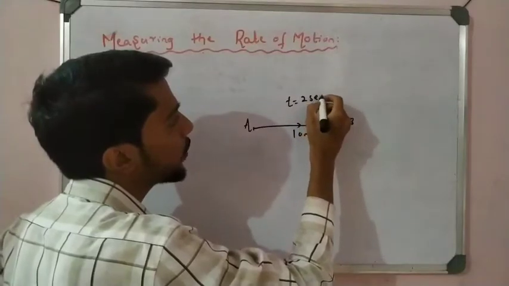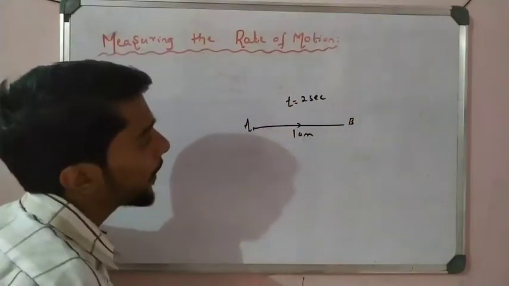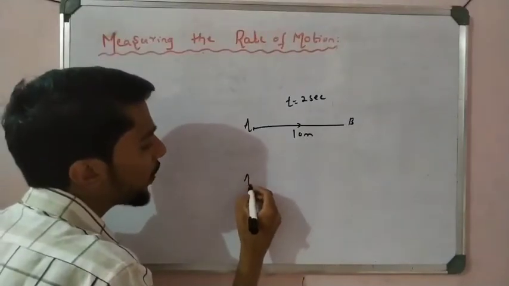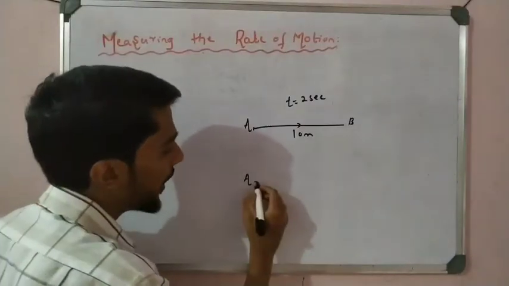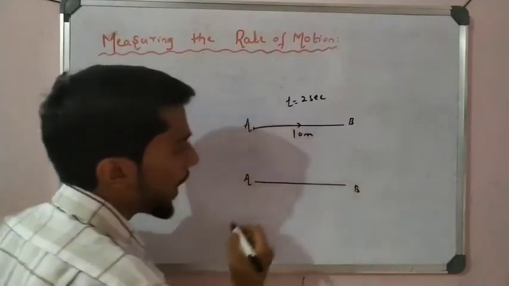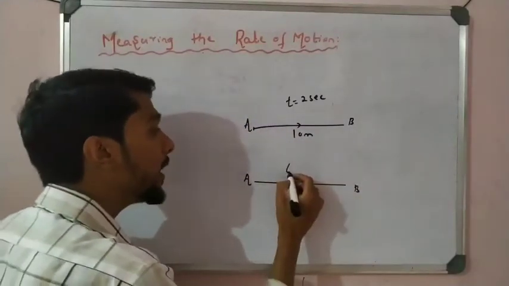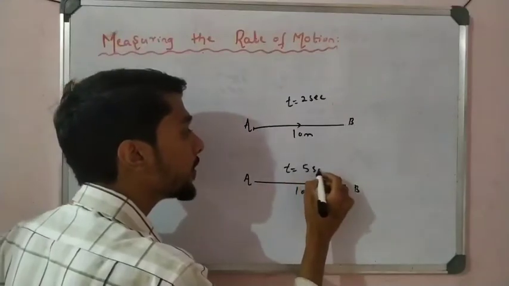Again, another particle travels in a straight line from A to B, also 10 meters, but this particle takes 5 seconds.